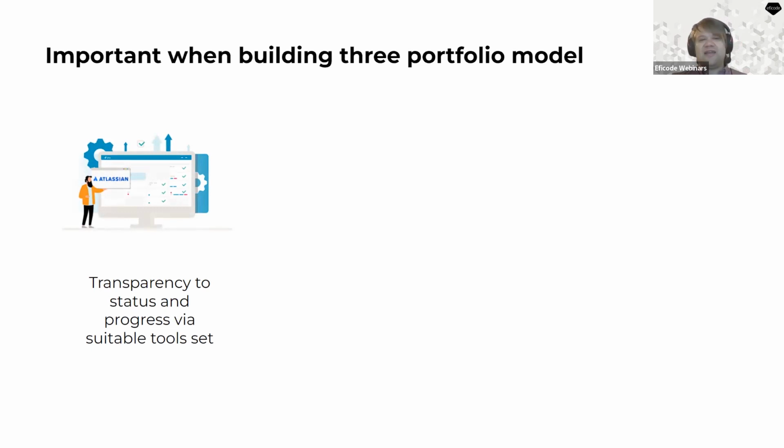There are so many different investments in different phases that without a proper tool set, you don't actually have this status understanding, you don't have the transparency to all of this work, and actually it's even hard to communicate the decisions if you don't have the tools in place. Like, hey, this is in a phase of rejected, or this is priority 1, or this is priority 3.